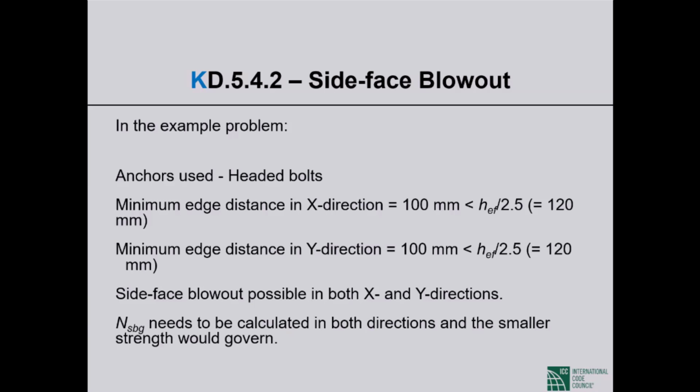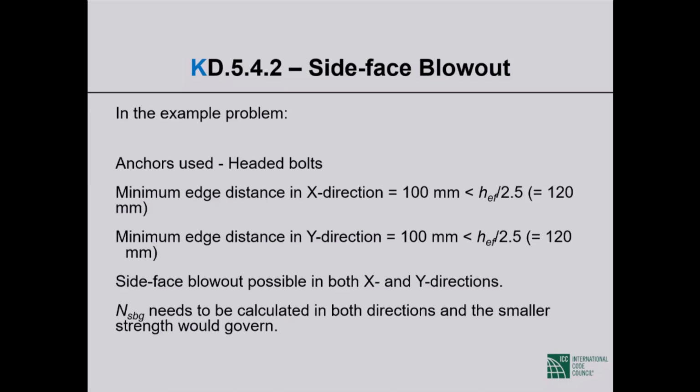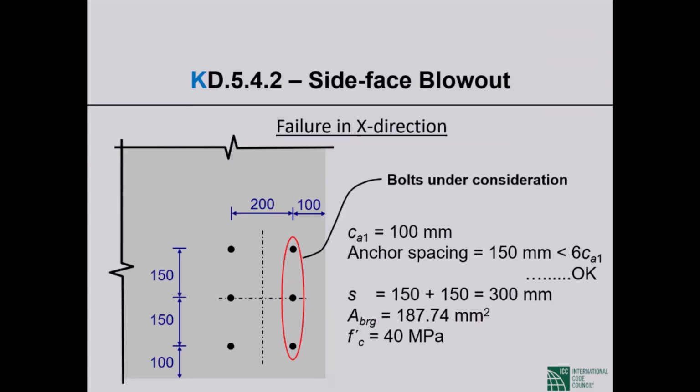In the Y direction, we also have an edge distance shorter than 40% of the embedment depth. So we have side face blowout failure possible in both X and Y directions. The breakout strength needs to be calculated in both directions, and the smaller strength would govern. This is very important.